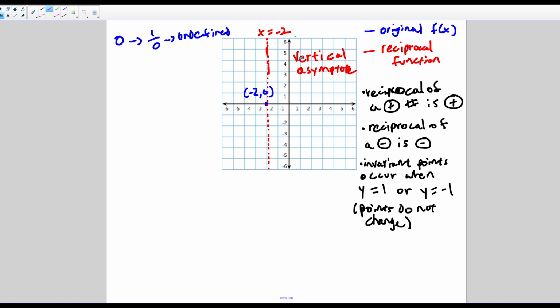And this vertical asymptote appears whenever we're taking the reciprocal of the value 0. So if we had a point on the original function that was here, in the reciprocal function, we would also have another vertical asymptote right there.